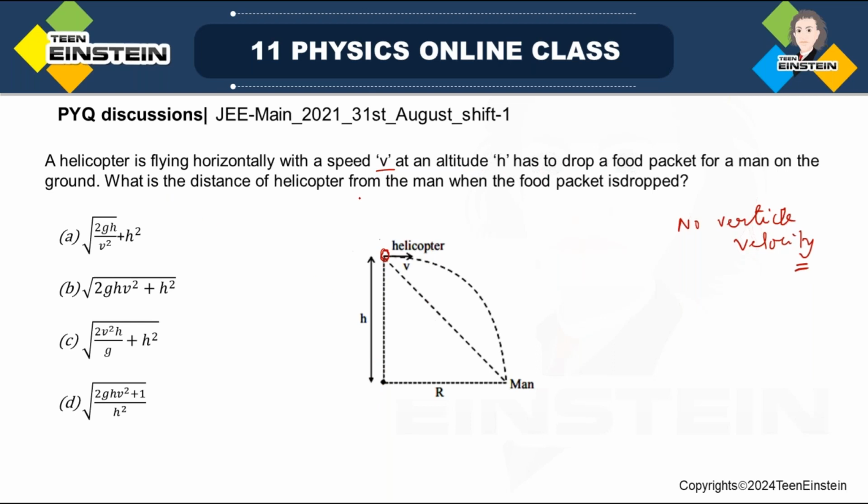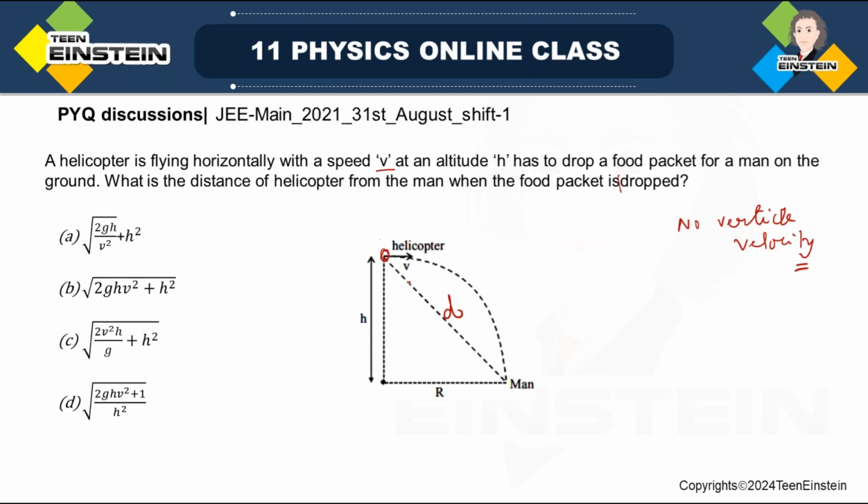So what is the distance of the helicopter from the man when the food packet is dropped? Okay, so distance means this one, you have to find out this one. Let us say this distance is small d. You have to find out this small d, the distance from the helicopter to the man when it was dropped. So how do I find out?